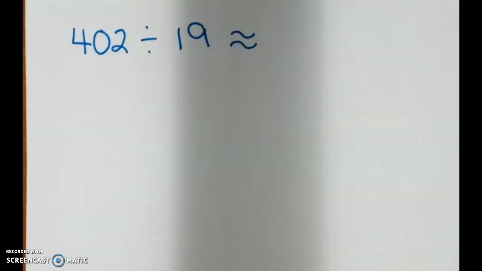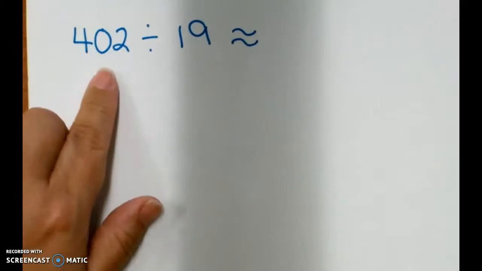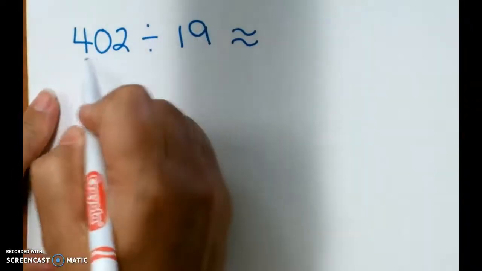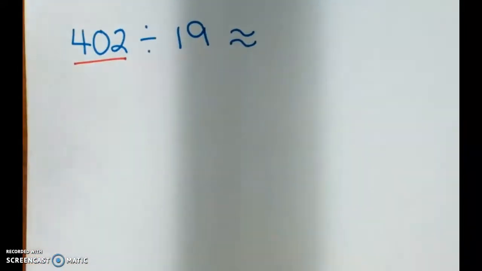Okay, so the first problem we're going to take a look at is 402 divided by 19. Now remember, we're going to estimate, so that means we're going to round before we divide. So we're going to round 402 and 19. When we round 402, what's the whole number it's closest to, or the closest hundred?